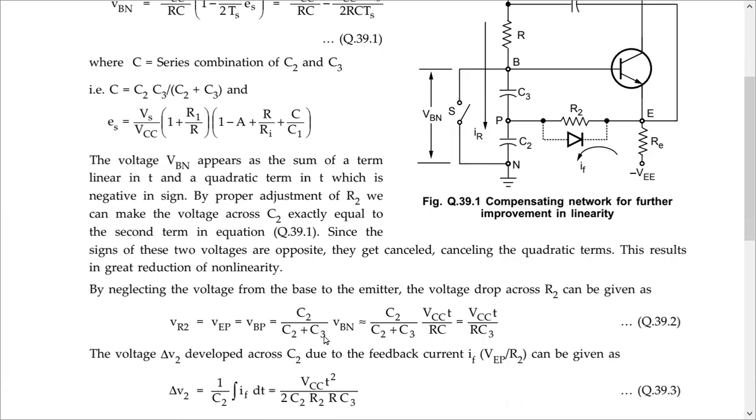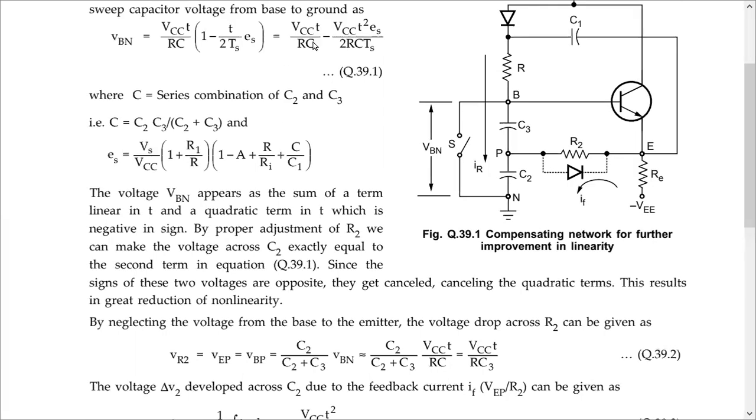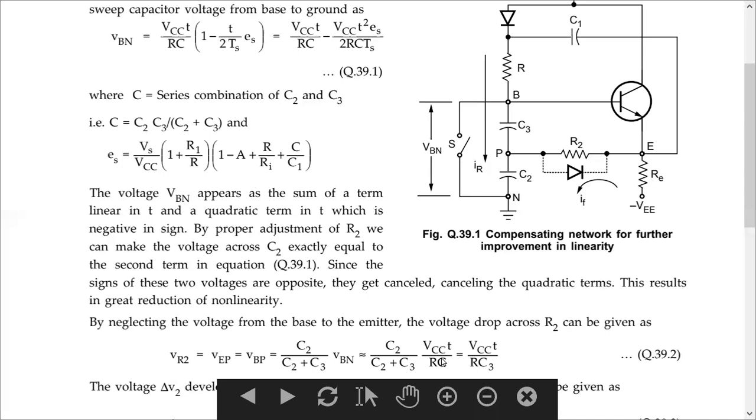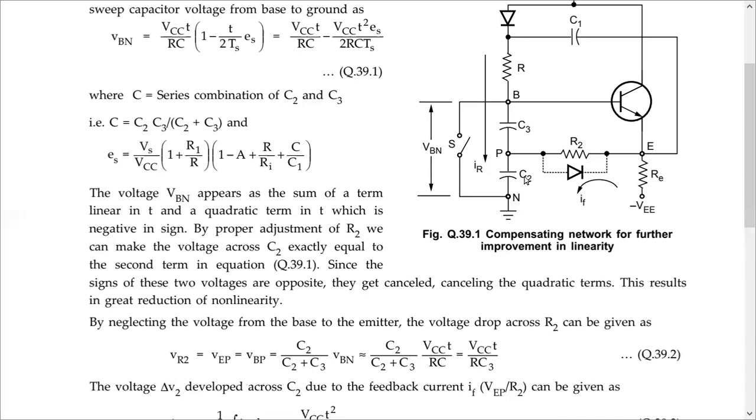And here VBN we already have. VBN is VCC by RC, eliminating the error. And C is nothing but the series combination of C2 and C3. So C2 C3 by C2 plus C3 is C, right? So already we have C2 by C2 plus C3, and C is C2 C3 by C2 plus C3.